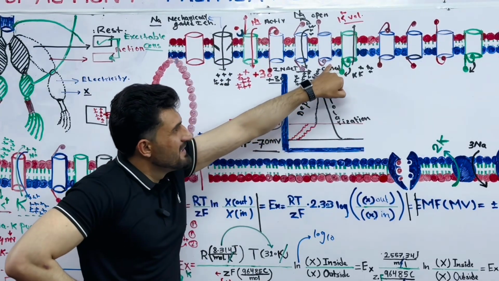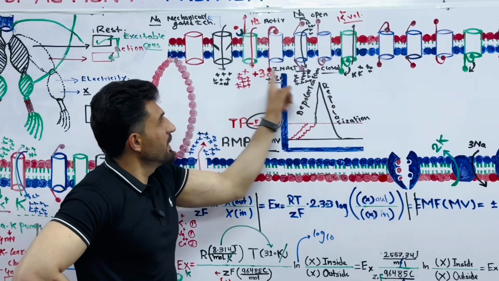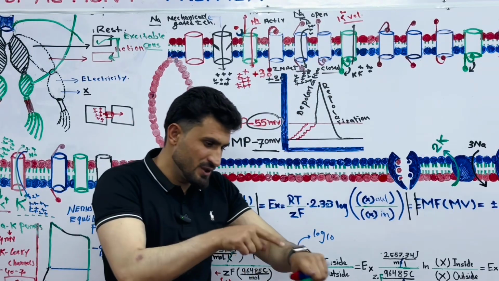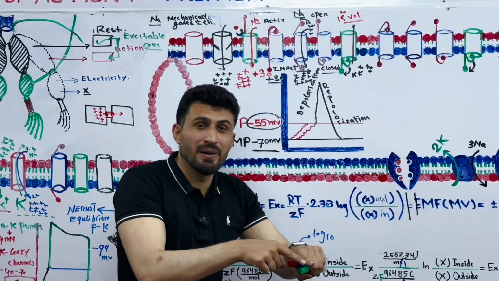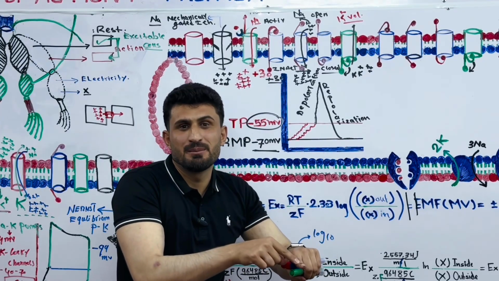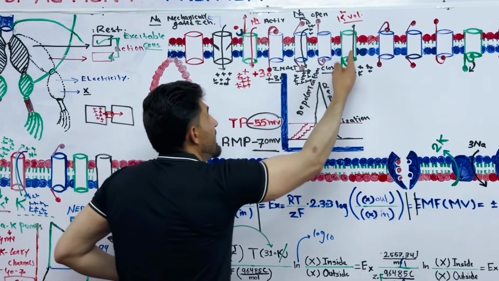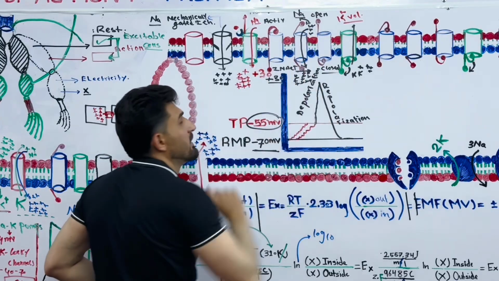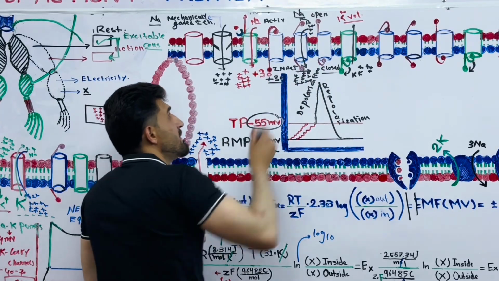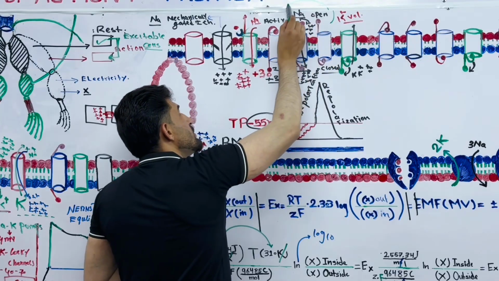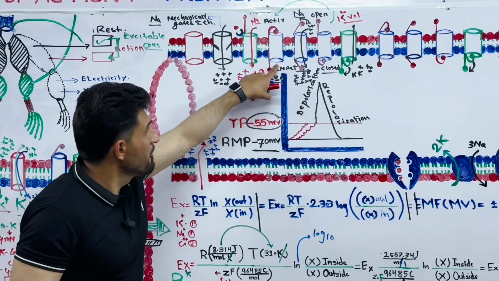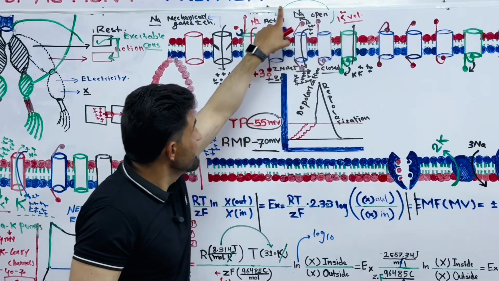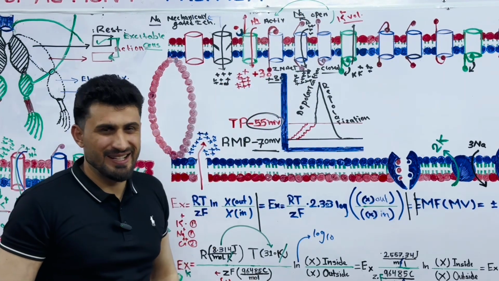Now, I cannot re-stimulate this area of the cell membrane. For example, if you touch this area, you can't stimulate it again in the same milliseconds, because this area is in a refractory period. How? I need these channels to become once again as they were at rest, and that needs a little bit of time.